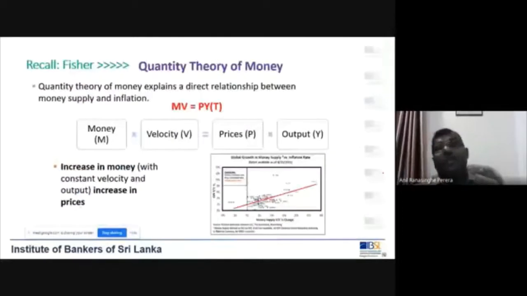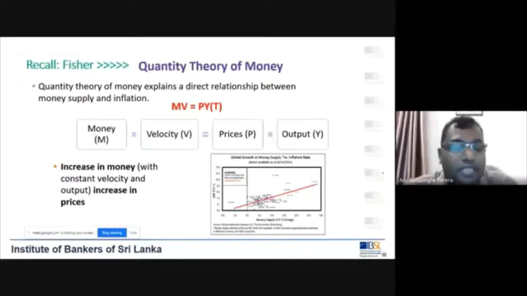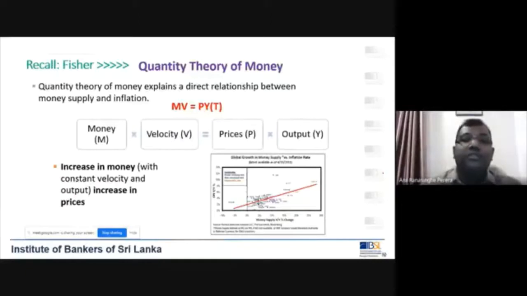So how can this be explained? I think we already discussed this under money demand theories, the quantity theory of money. That equation can be used to understand the direct relationship between money and inflation. So in this equation, MV equals PT. Sometimes you call it PY, right?